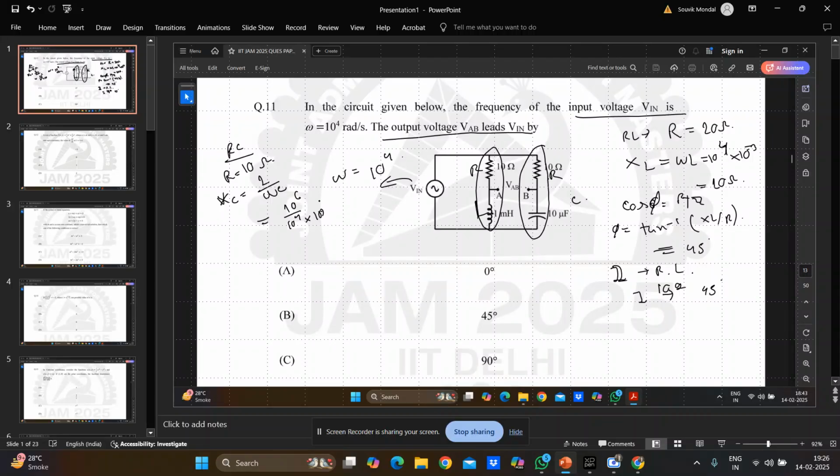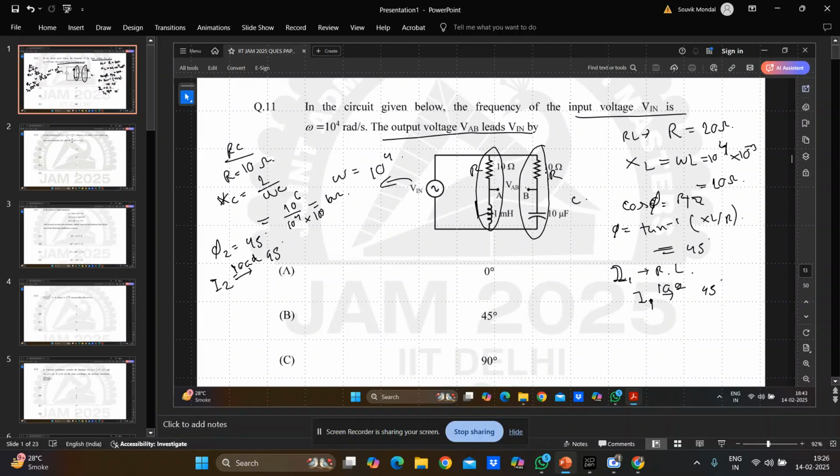So 10 to the power minus 6 will go up. Okay. So it is again 10 ohm. Right. So this time phi 2, the phase difference, is also 45 degree. But remember, if the current in this circuit is I1 and this is I2, this will lead the VIN by 45 degree.